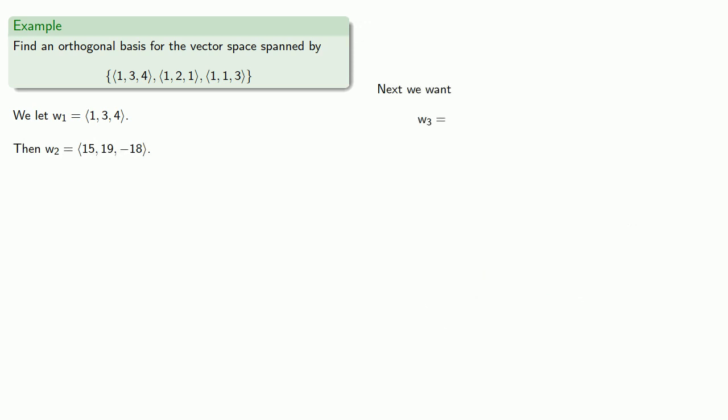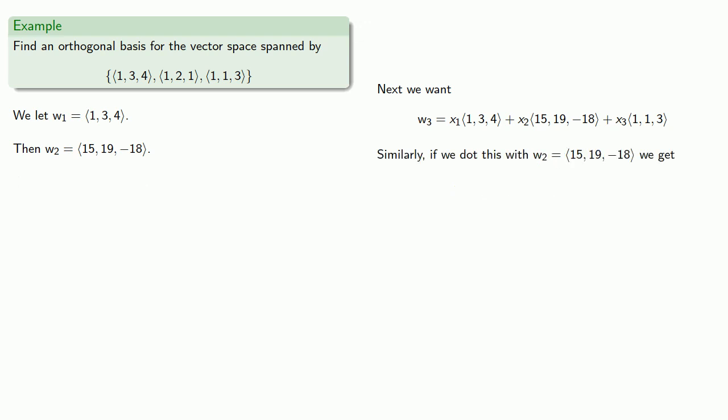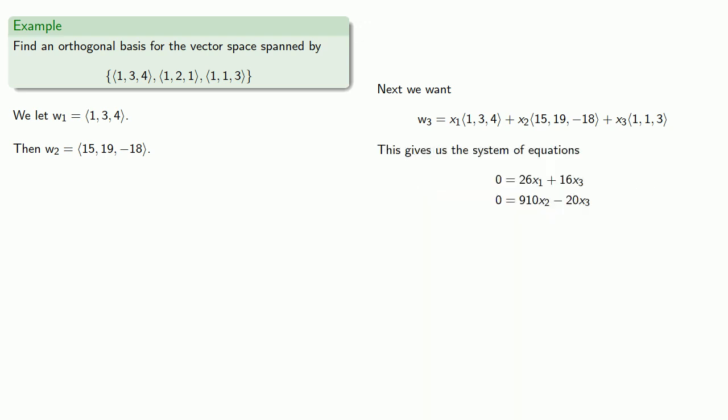Next, we want our third orthogonal vector to be a linear combination of the first two orthogonal vectors and the vector in the original set that we're replacing. Again, because we're supposed to have orthogonality, our dot product with W1 gives us, and if we dot this with W2, we get, and now I have a system of equations.